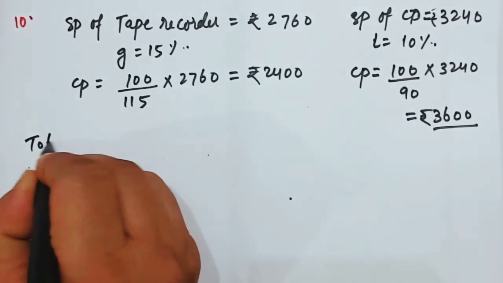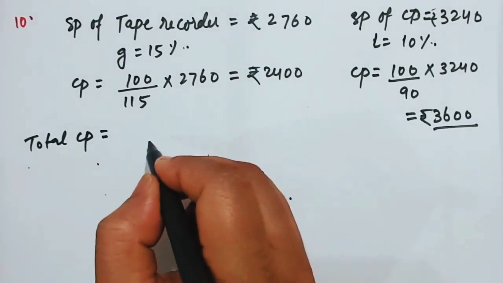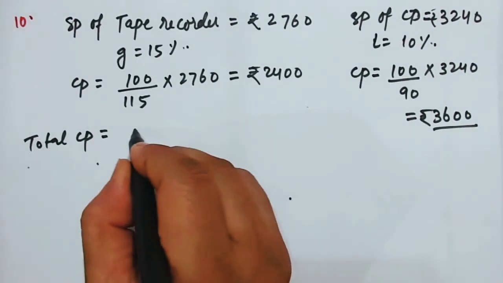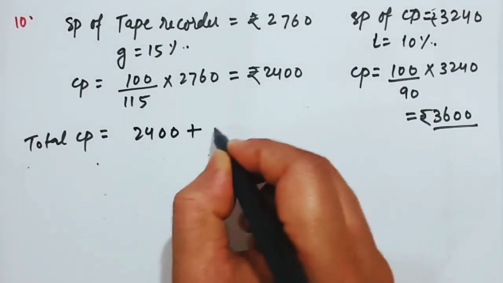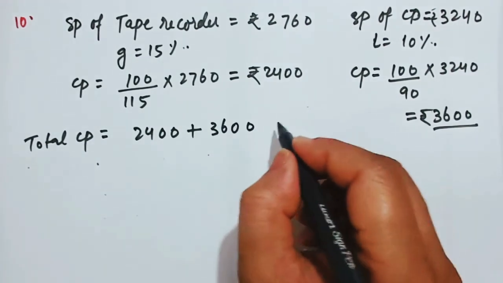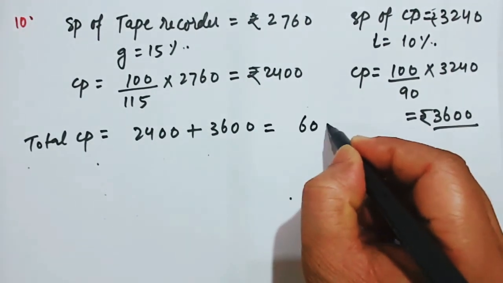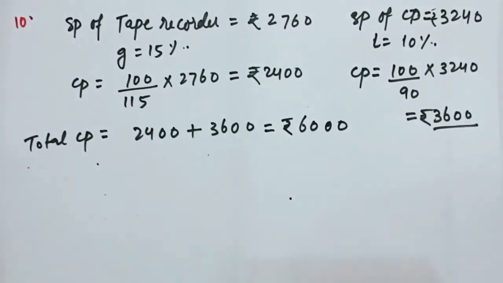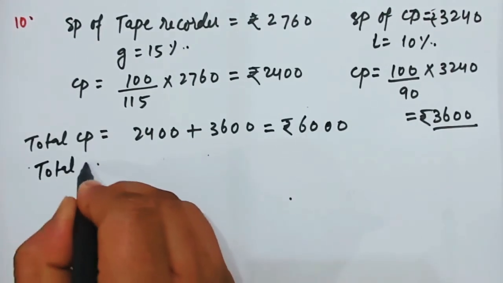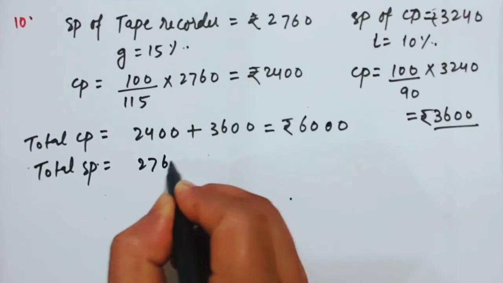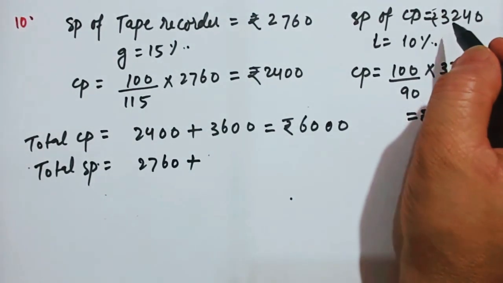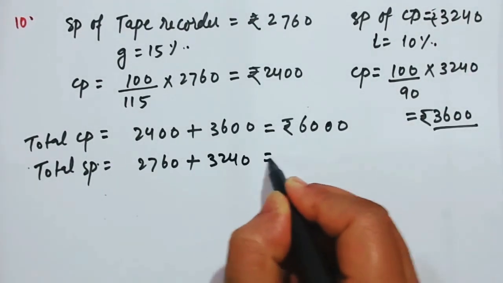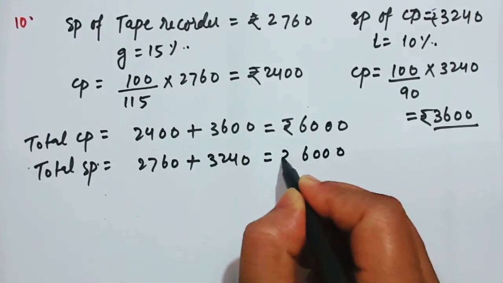Therefore total cost price will be equal to 2400 plus 3600, which will be equal to how much? 6000, isn't it? Okay, and total selling price will be equal to 2760 plus 3240, which will give you 6000.